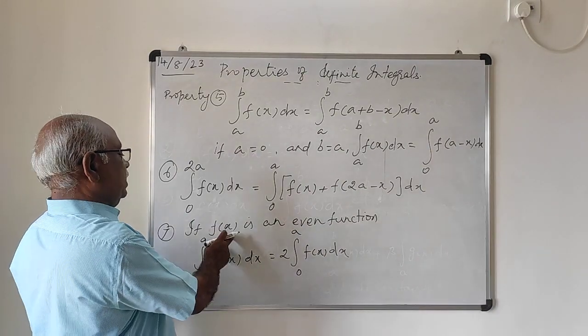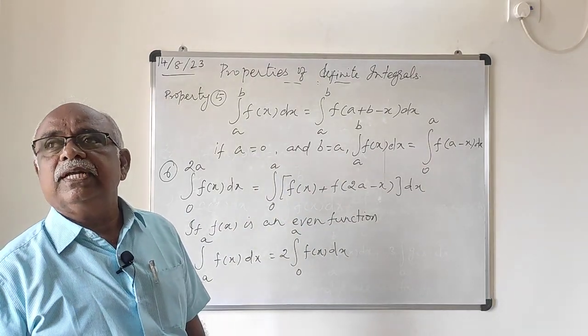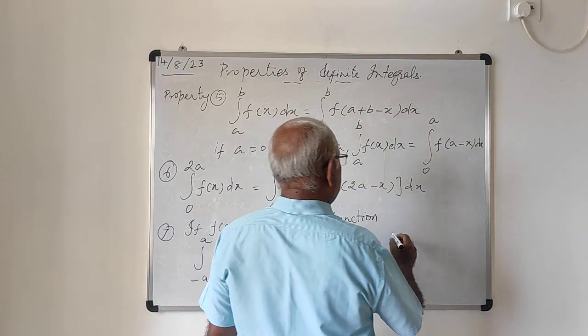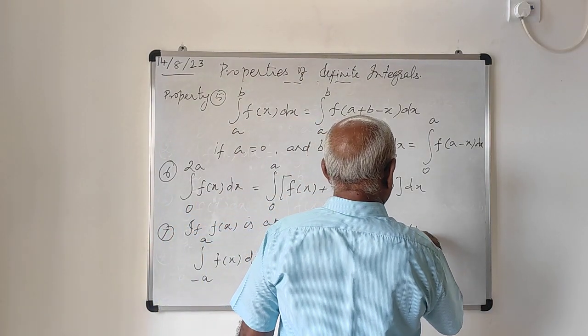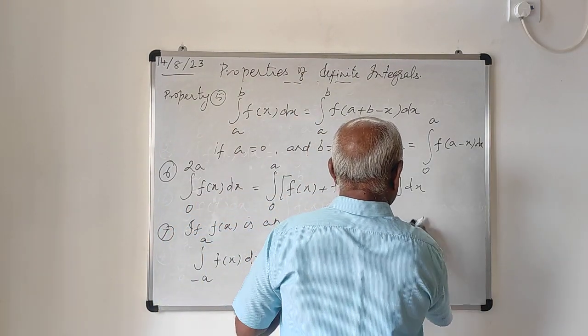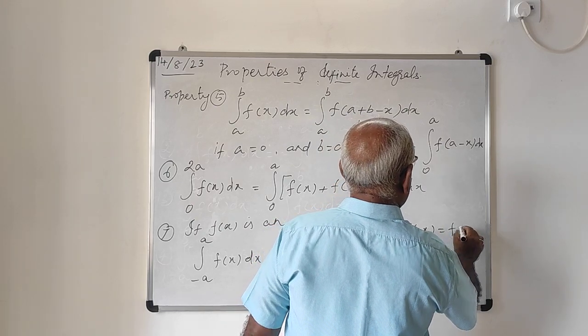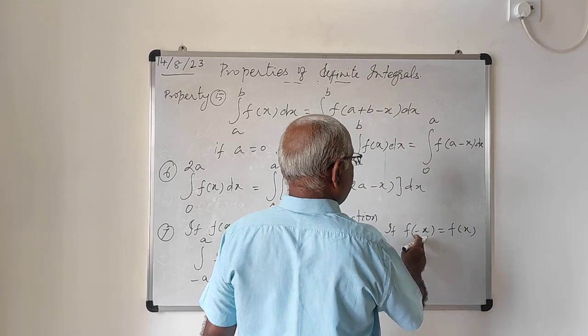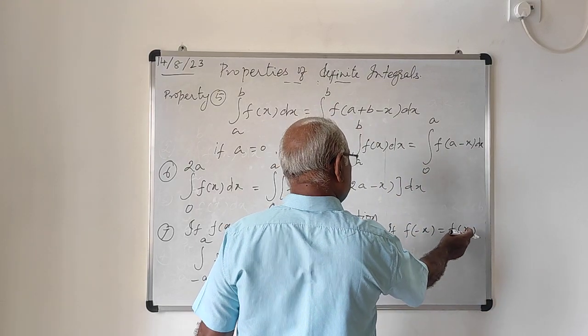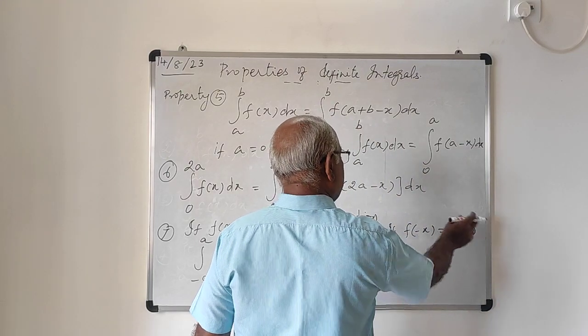See, if f of x is an even function. When will you say that the function f of x is an even function? If f of minus x equals f of x. If you replace x by minus x, it is the same as f of x.